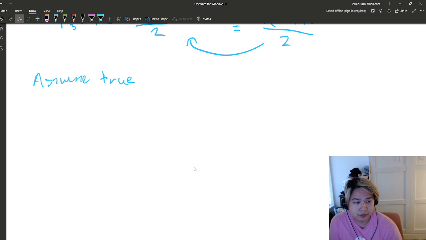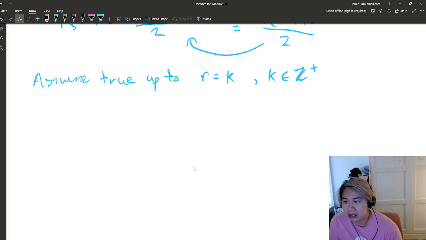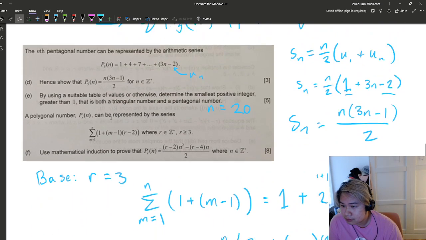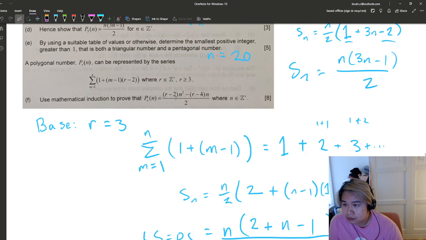Then we assume true up to n, or r equals k, for some positive integer k. So that means that this for r being k is true.